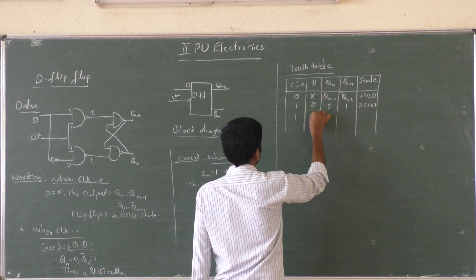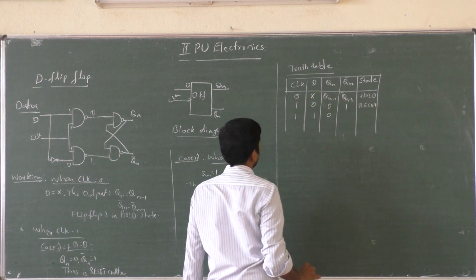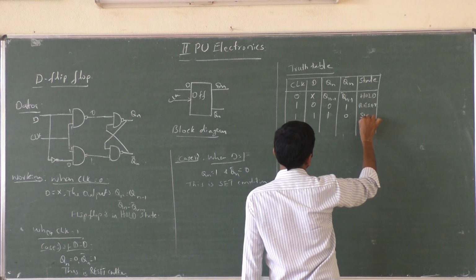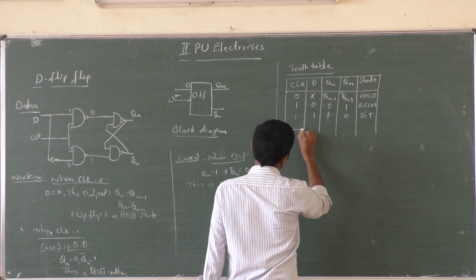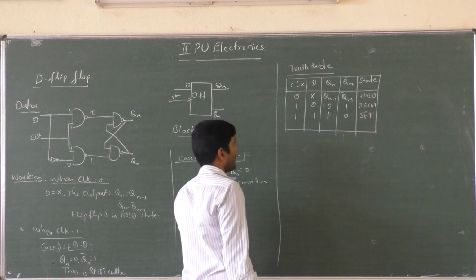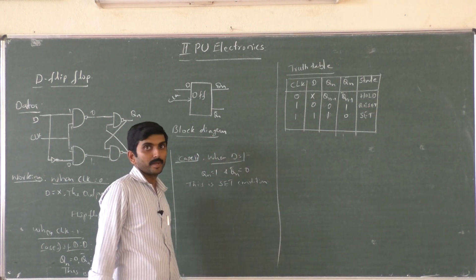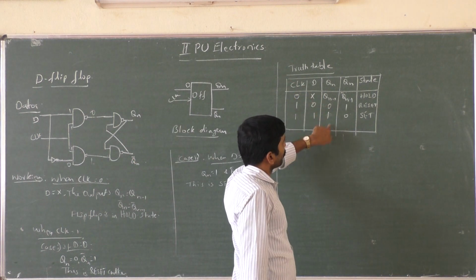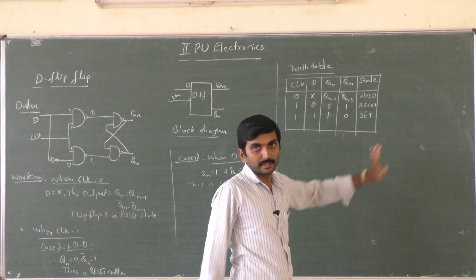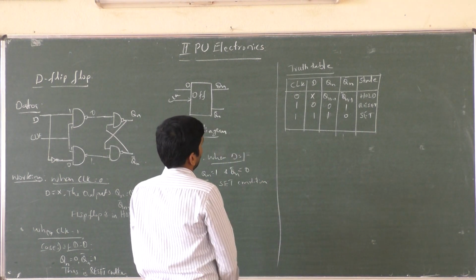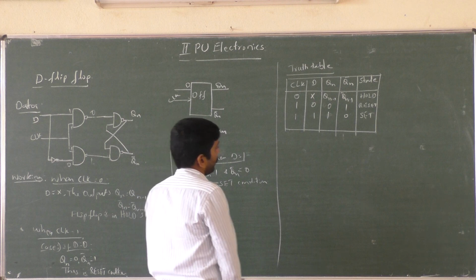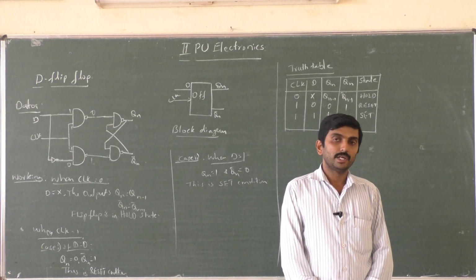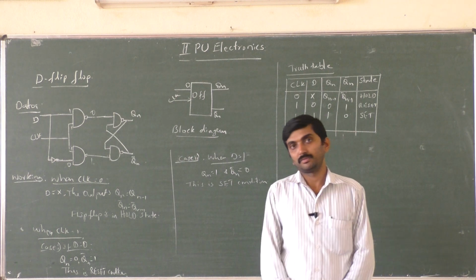Clock equal to 1, D equal to 1, Qn equal to 1 and Qn bar equal to 0, this is set. And we don't have any undesirable condition here. Nowhere will it happen.